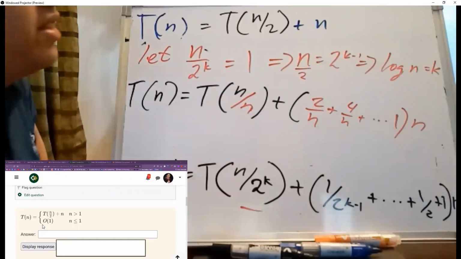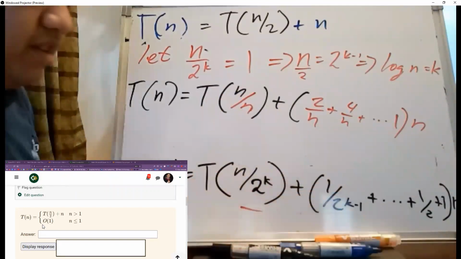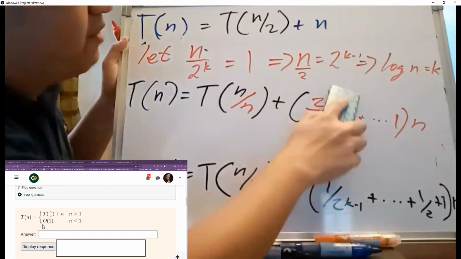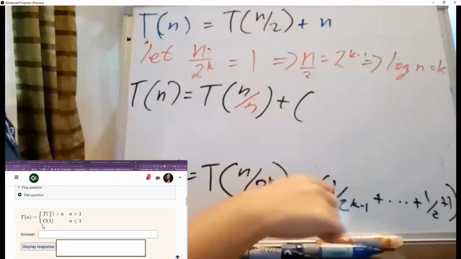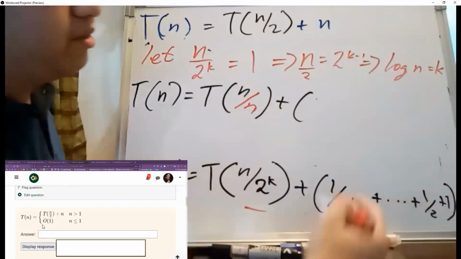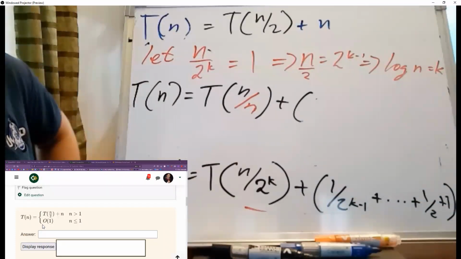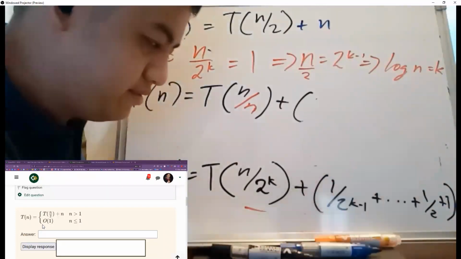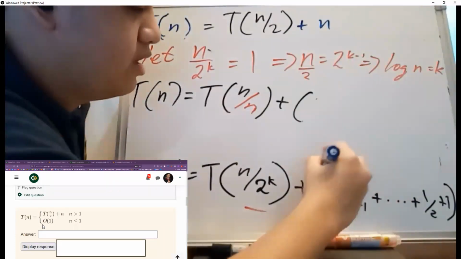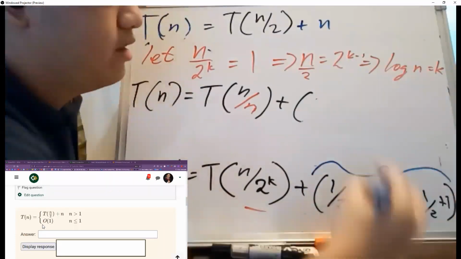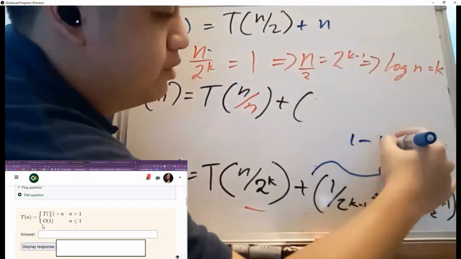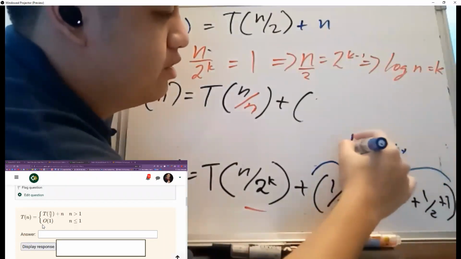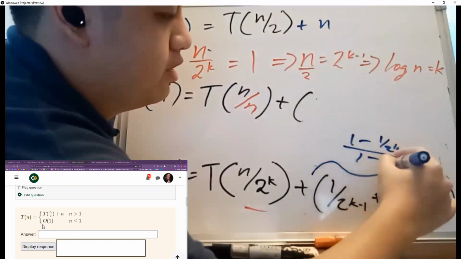Although pwede mo rin naman i-simplify yung geometric na series, mas madali yata yun. So since geometric series to, di ba? So from 1 to 1 over 2 to the k. So this is 1 minus 1 over 2 to the k minus 1 all over 1 minus 1 half.